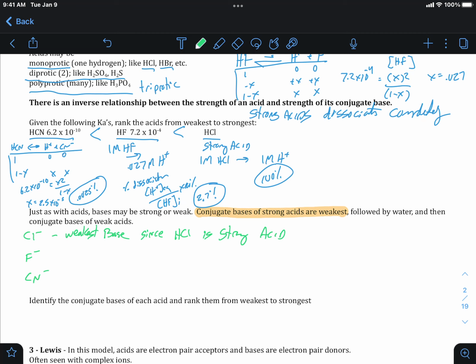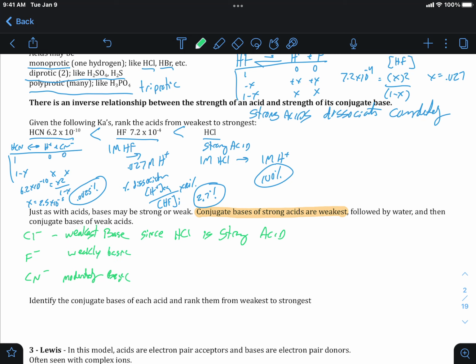F minus and CN minus. Can you make a prediction? If I have F minus in a solution and I have CN minus in a solution, which one of these 2 ions will be more basic? CN minus, right? Because between these 2, this will be, we'll call it, moderately basic and weakly basic.